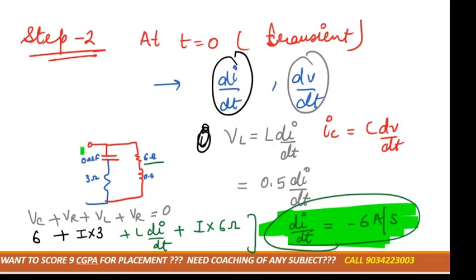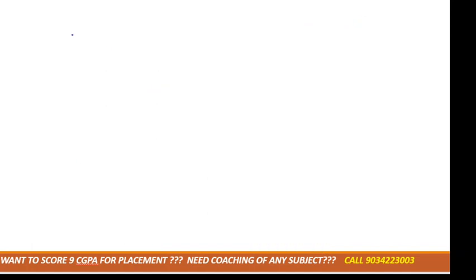Because is there any circuit or any source? No, there is no source present. Again we need to calculate dv by dt, that is ic is equal to c dvc by dt. Do we know i? C we know.